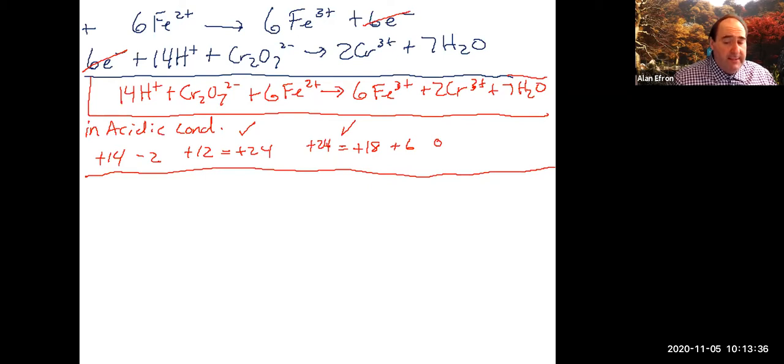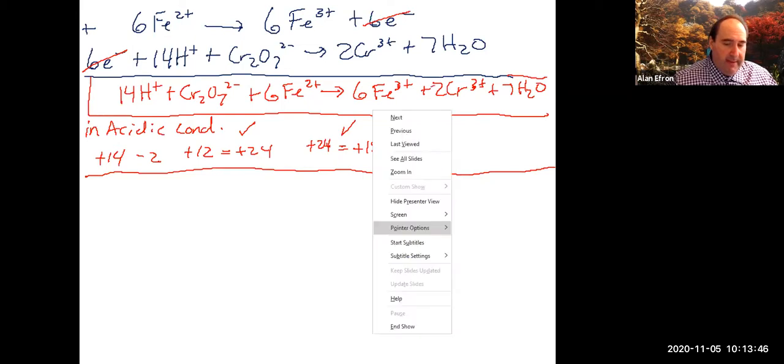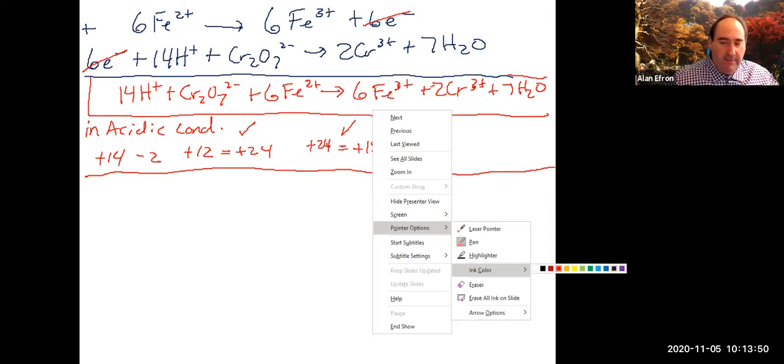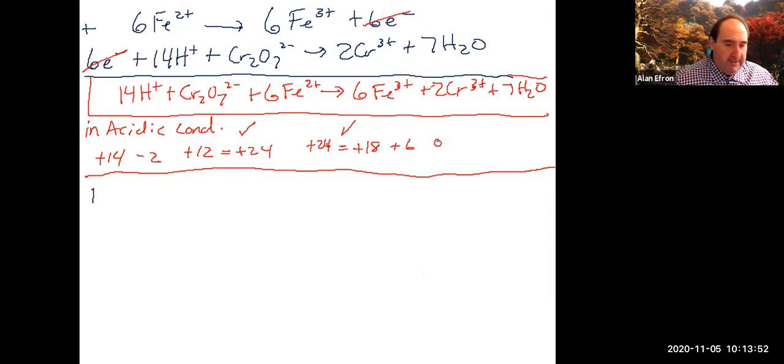Now, this is the process for acidic conditions. Now, if we were talking about basic conditions and we wanted to balance this in basic conditions, there's a couple different approaches, but honestly, I think the easiest approach is to basically do it just like what we did.